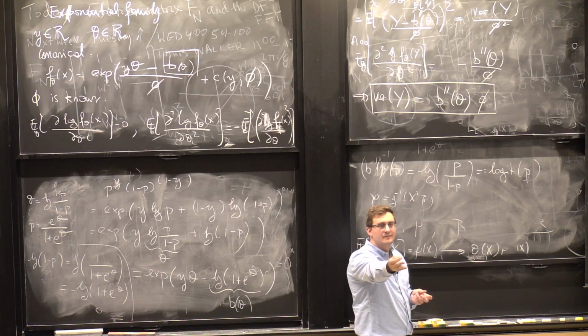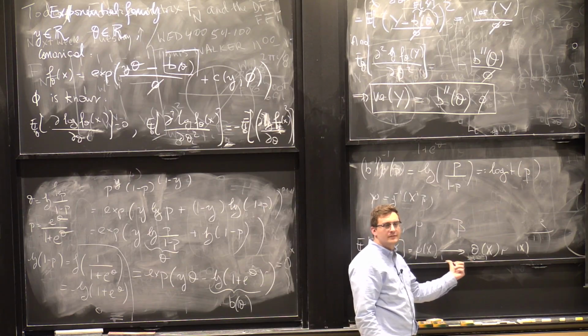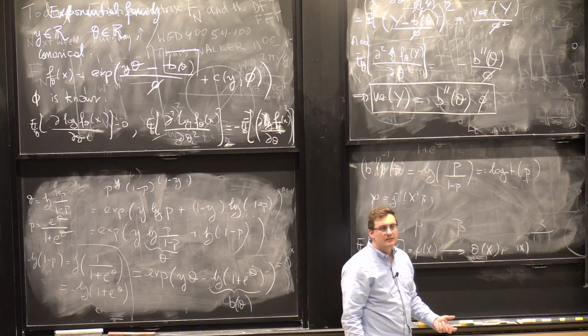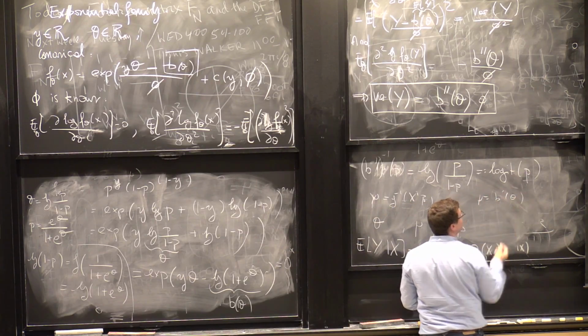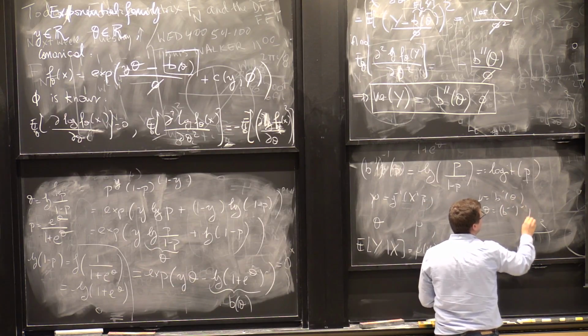Theta as a function of mu is? Right, we just computed that mu was b prime of theta. So it means that theta is just b prime inverse of mu, okay?